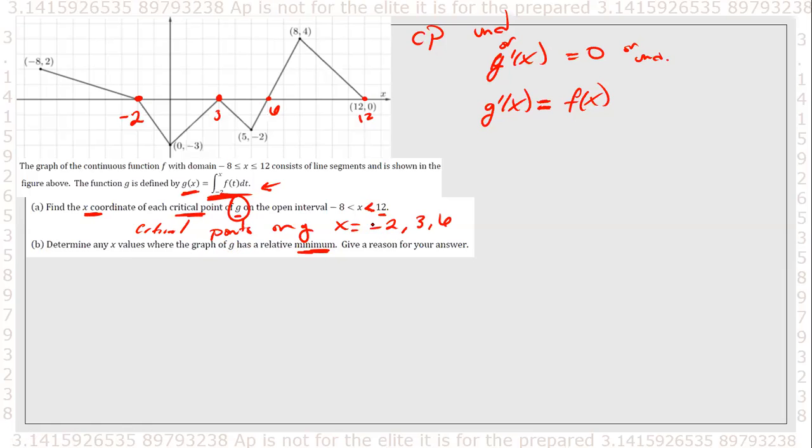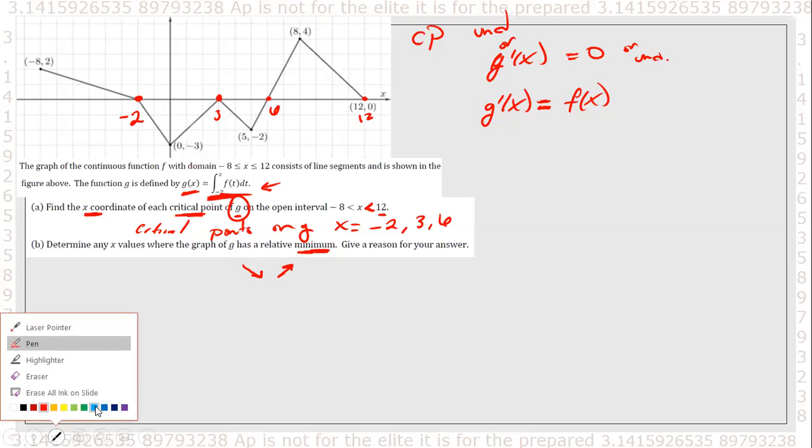In order for us to have a minimum, our function has to decrease and then increase, meaning it has to go from negative to positive. And if you're using the sign chart, this can also help you out. So we're only going to check these parts right here.